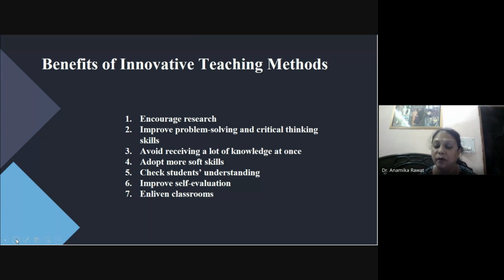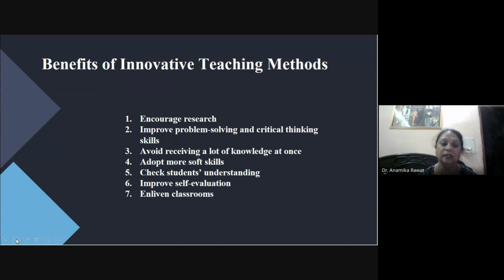So we think the remaining 30 can understand by role play, 15 by case study, and 15 by question answer round, because different students have different mindsets. So according to them, as a faculty, as a teacher, we have to prepare. We have to find a solution according to them, how they can understand. So we have to work on that.